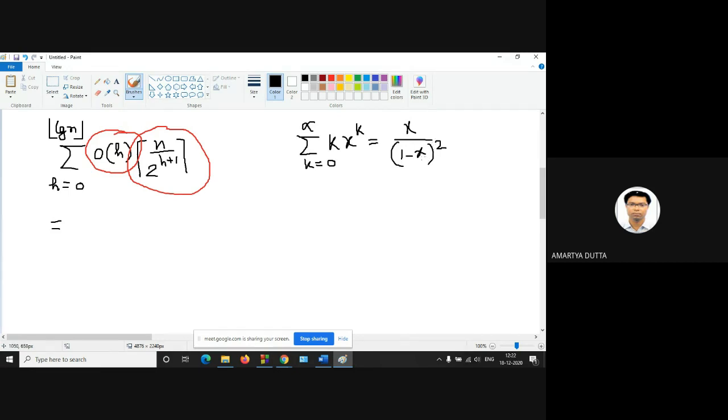This is the formula for the infinite GP series.